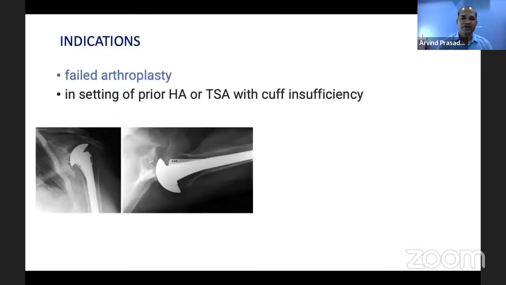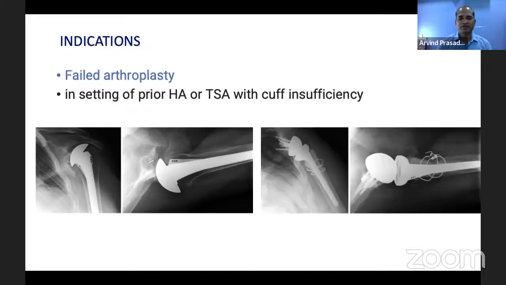Next indication, when the hemiarthroplasty or total shoulder arthroplasty failed and there was absence of the cuff. So this can be treated with the reverse shoulder arthroplasty.